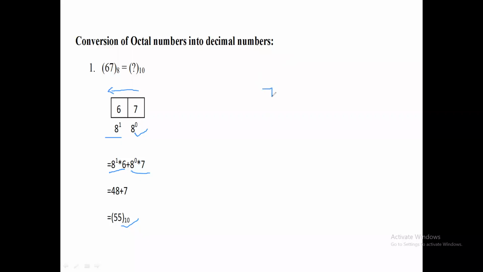Let us take another example. Suppose I'm considering 53 in base 8. I want to convert this into a decimal number. So how do we convert this? By considering the positional values and then multiplying the positional values with the corresponding digit at that position. Okay, so take down that 53 at this position and this position.